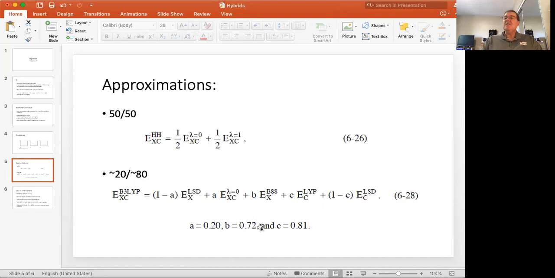B determines how much Becke exchange there is, and C determines how much Lee-Yang-Parr correlation there is versus the local density approximation. So it's really this weighting of how much of each of the terms is in there that you're going to use.